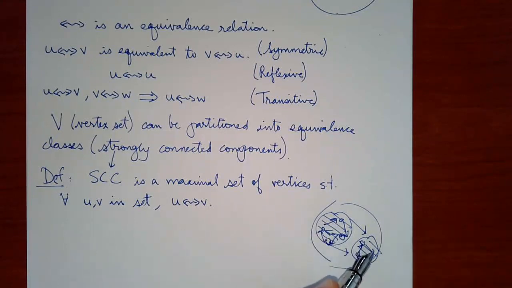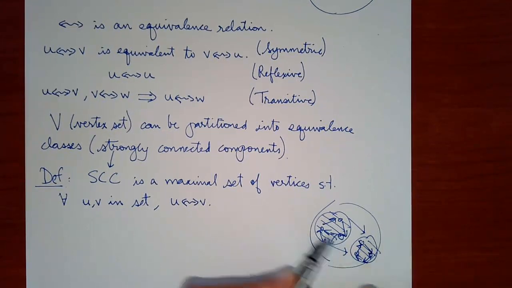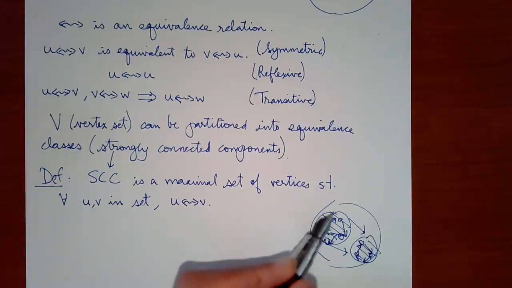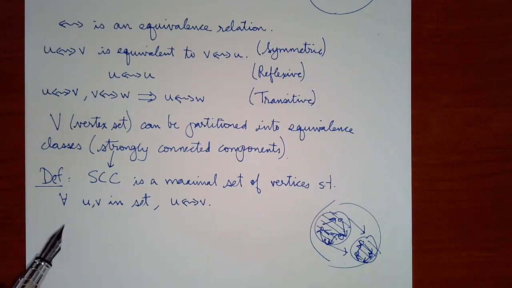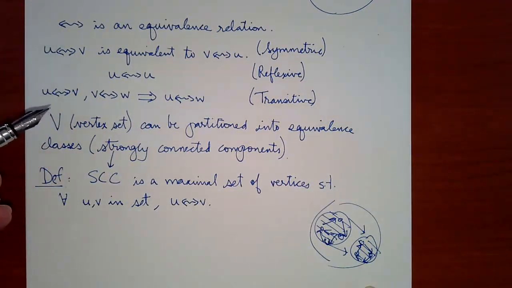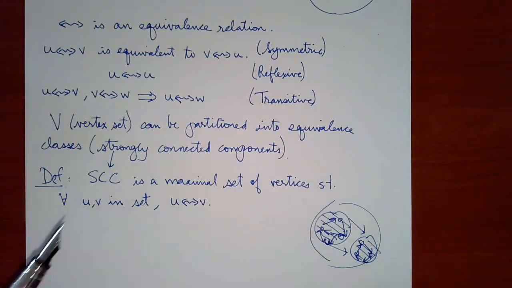And here you can go anywhere to anywhere. But you cannot go from anywhere in here to anywhere in here. Between these components, it's a one-way relationship. But within the component, you can go from any vertex to any vertex following a path. That's what a strongly connected component is. And the equivalence relationship is just there to argue that this partition makes sense. One can partition the vertices into strongly connected components.